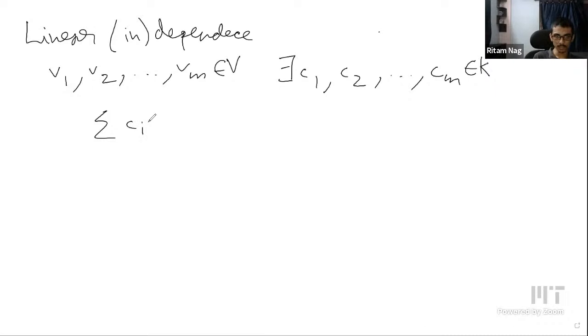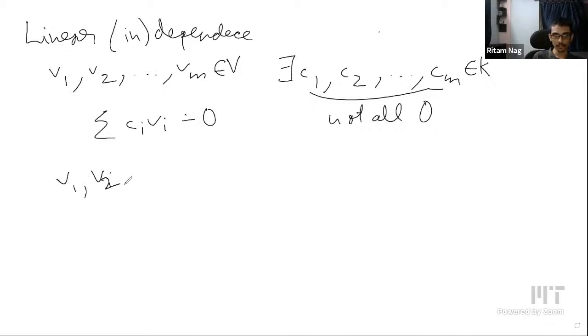such that sigma ci vi equals 0, and these are not all 0. Then we say that v1, v2, ..., vm are linearly dependent.